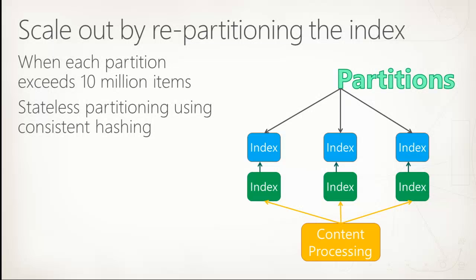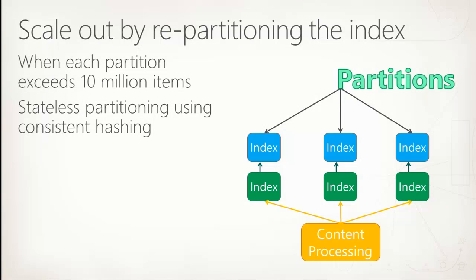Yes, that's right, Terry. Basically, we have changed the way you route content to the different index partitions. We still use a stateless-based hash routing, but we now use consistent hashing. The main difference is that whenever you repartition the index, the hashing will change, and you want an even distribution of content across another set of partitions.